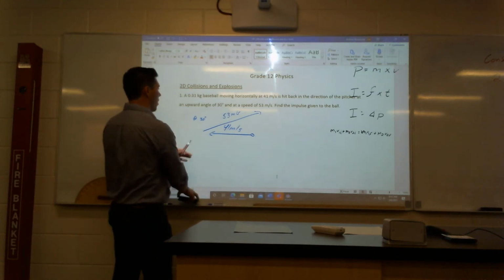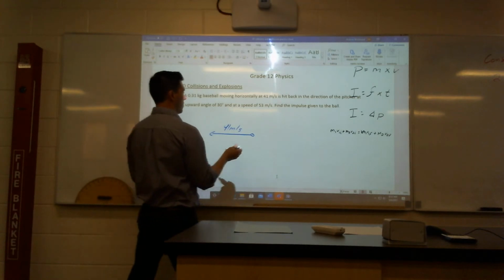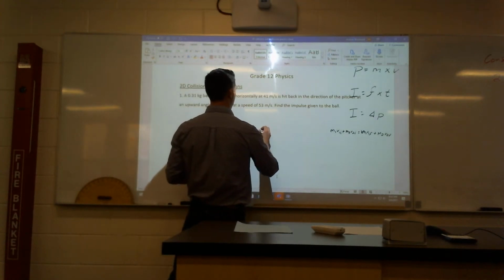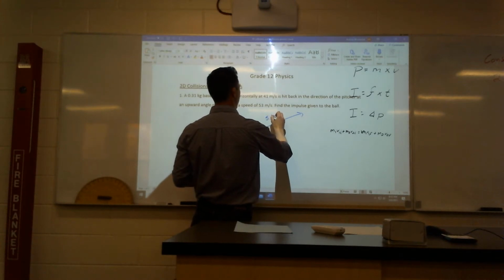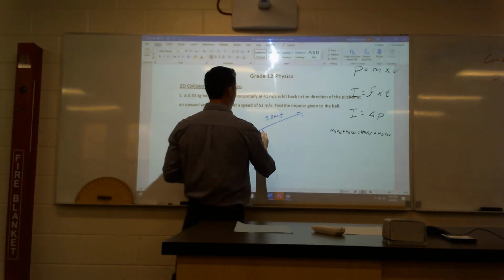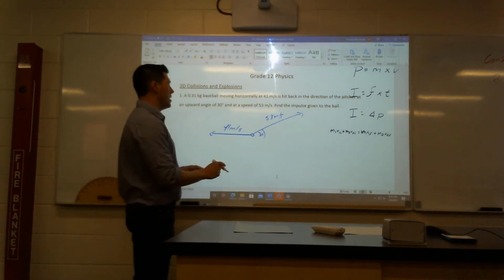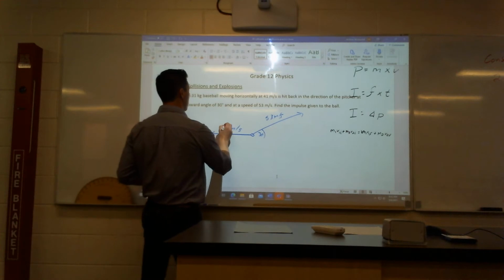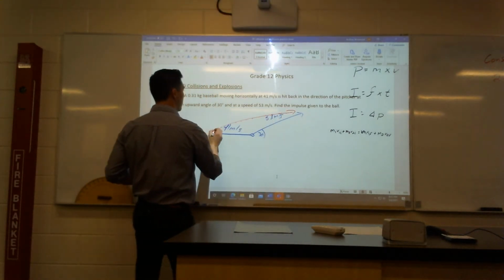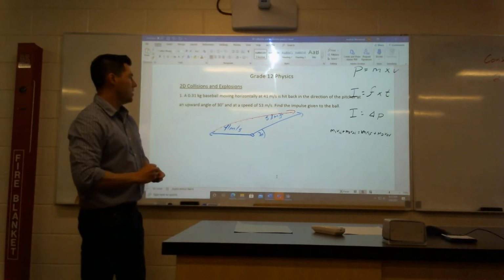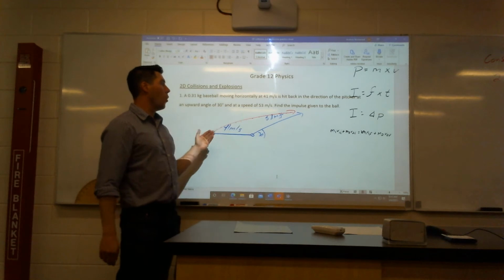So I'm going to redraw this one to make it look like this. I know the ball was not hit from where the pitcher was, but it's a lot easier to do this because then I know that I need to find this vector, because not only did the ball speed up, it sped up in a totally different direction.